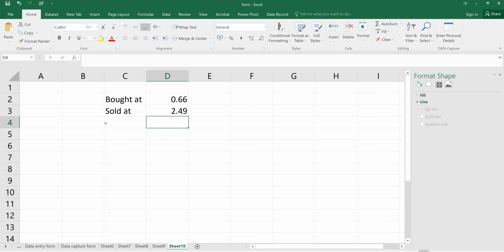That is the investment terminology. Then the profit.